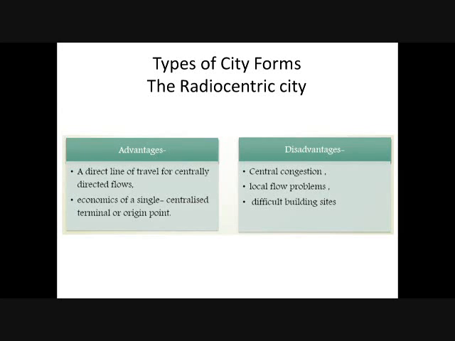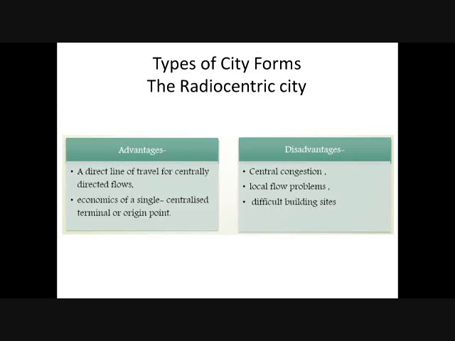So it's an advantage to have a direct line of travel for centrally directed flows, and the economics of a single centralized terminal or origin point. So we have a coherent planning again. The disadvantage is that it increases the congestion because of this centralized point. Everyone wants to go there for work and business.